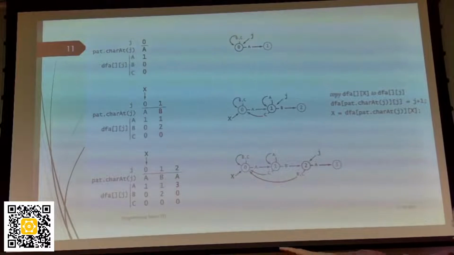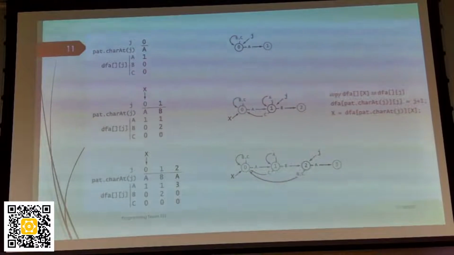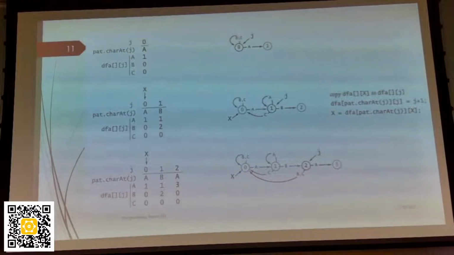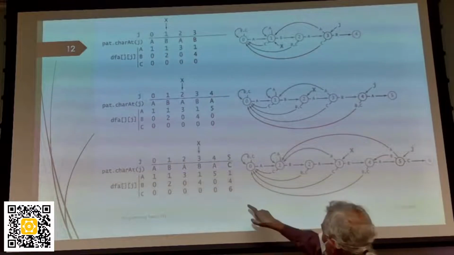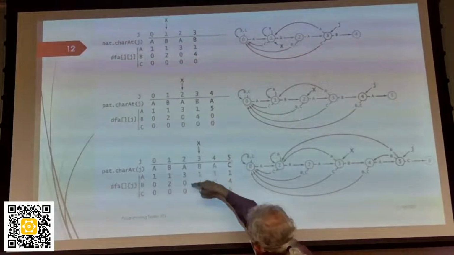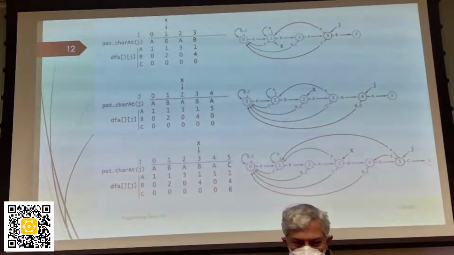Whatever it said over there you should do with that current character, that's what you should do now. So when you get here, your new X is going to be whatever this guy said you should do upon seeing a C, which would be a 0.